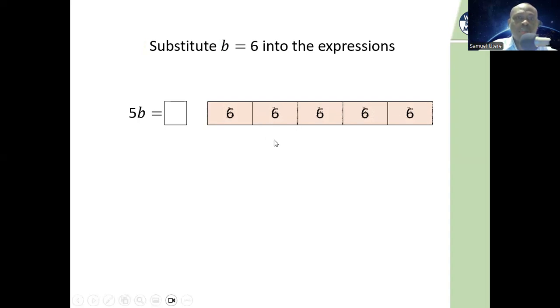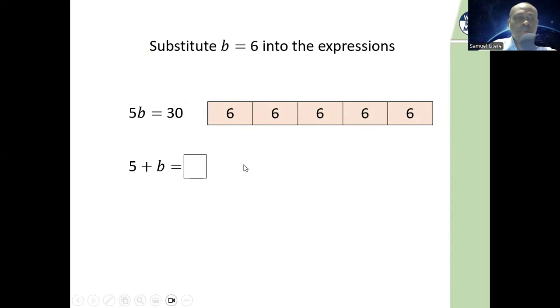So if we substitute the 6 in place of the b, because substitute means replace b with 6, you would have this. So actually, it is 30. So it's like saying 5 lots of 6.